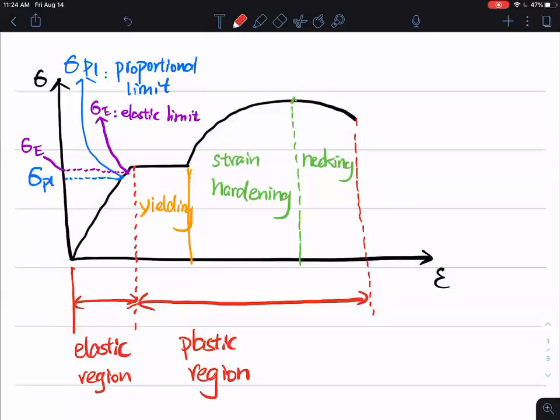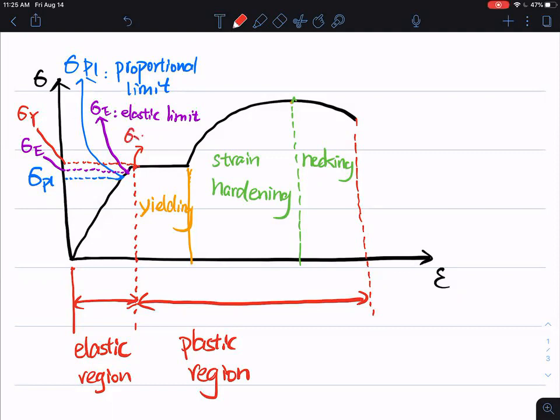Another point, which is right at the beginning of the yielding region, is the yielding strength. This is one of the most important points on the curve.